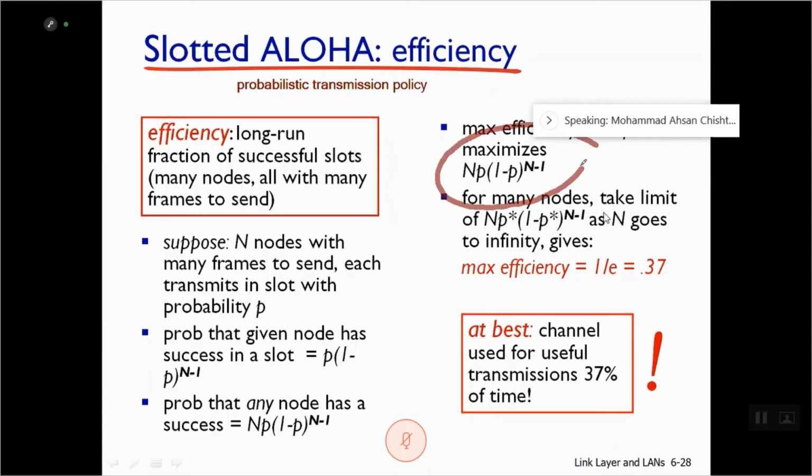maximum efficiency that we can have. And it says at the best, the channel used for useful transmission is 37% of the time.